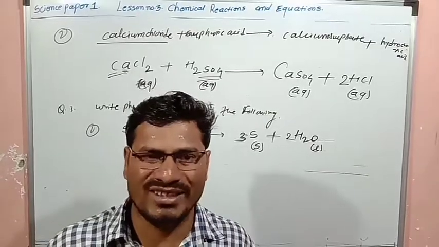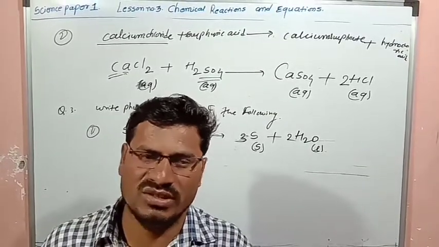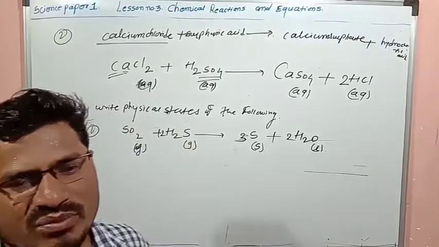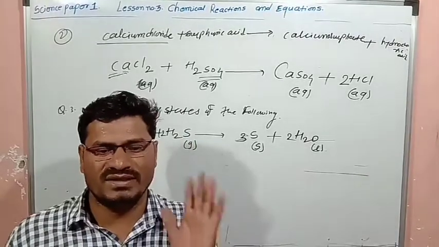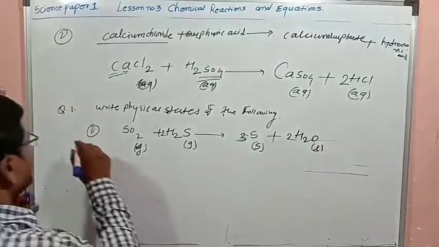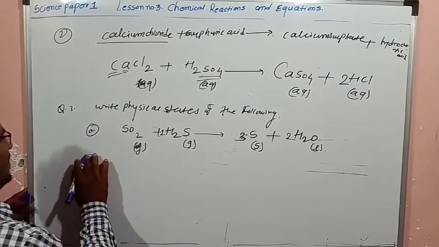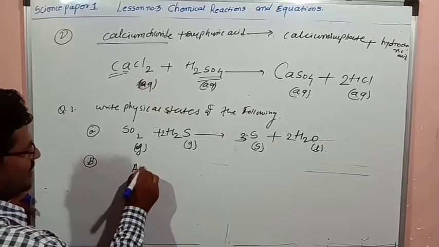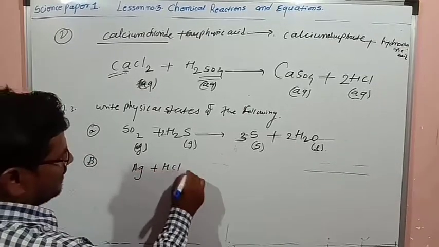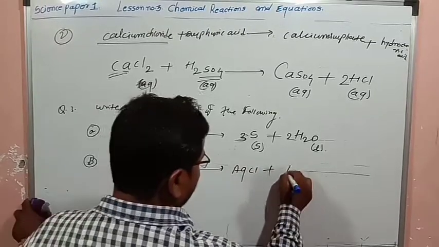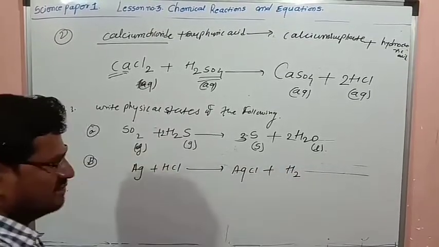In the textbook the balanced chemical equation is not given, you just have to write the states, but you can balance it. So the next example is Ag plus HCl. Silver plus HCl gives AgCl plus H2 gas.